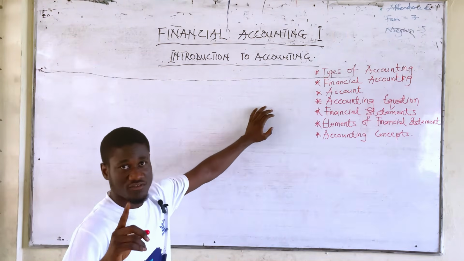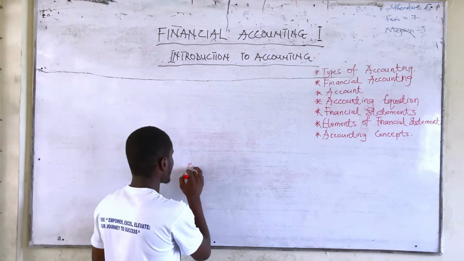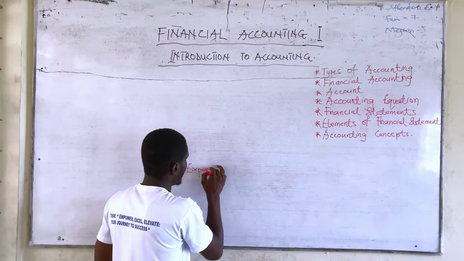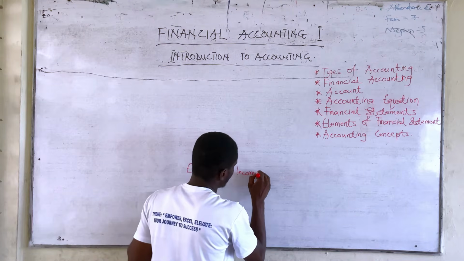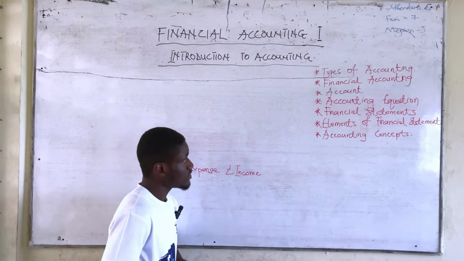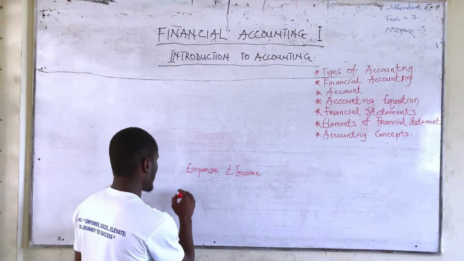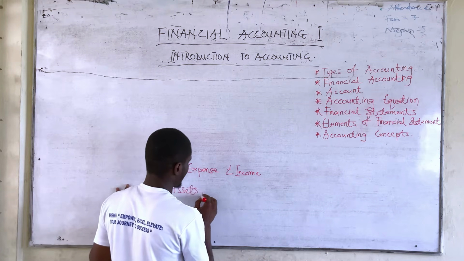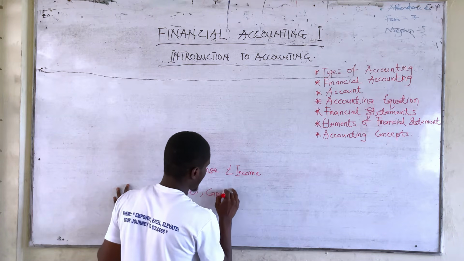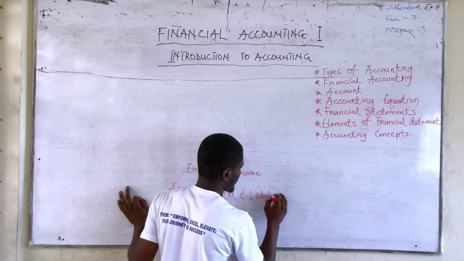So the statement of profit and loss consists of the expense and income, while the statement of financial position consists of the accounting equation, which is the assets, capital, and liability.